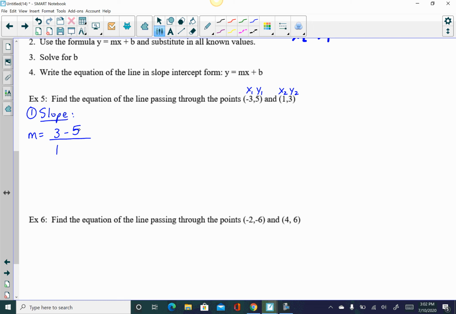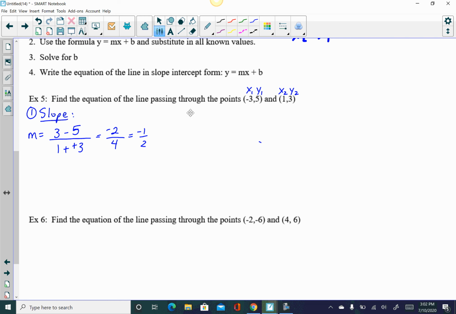Oh, excuse me. I think I just goofed. No, I didn't. I'm sorry. I did goof the back of that. Okay, let me start it. Y2, 3 minus 5. On the bottom, x2, which is 1, minus negative 3. All right, so now up top, if I clean that up, 3 minus 5 gives me negative 2. On the bottom, 2 negatives become positive, so I have 4, and that can be reduced to negative 1/2.